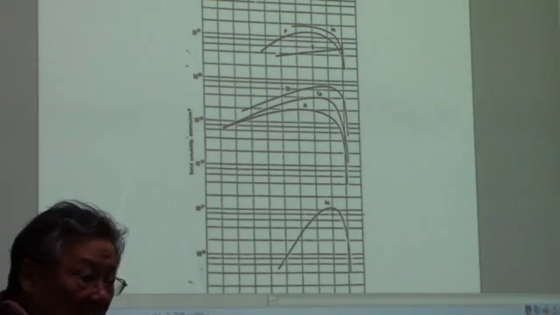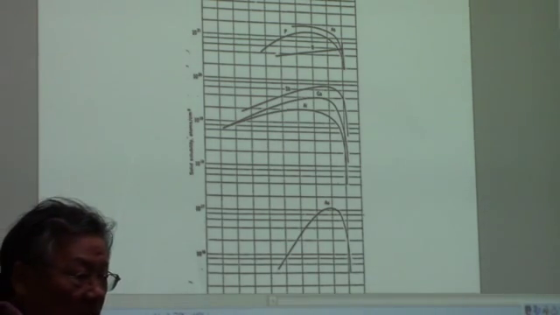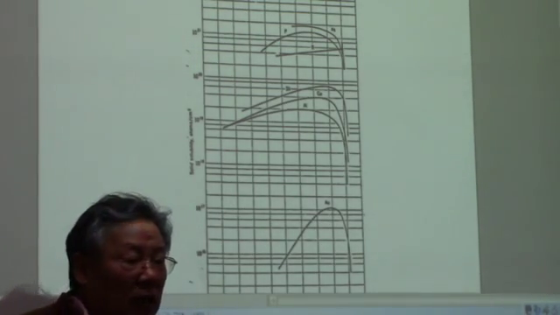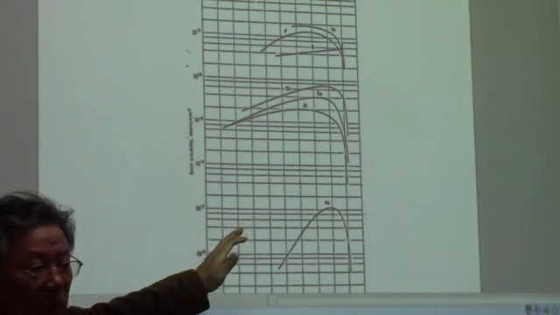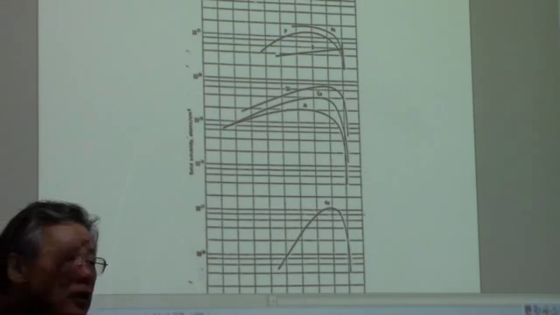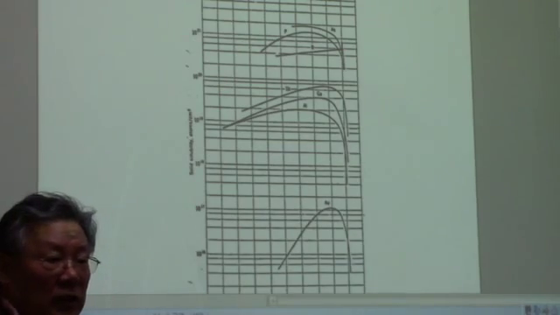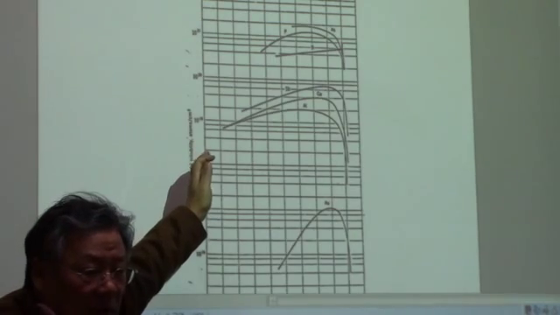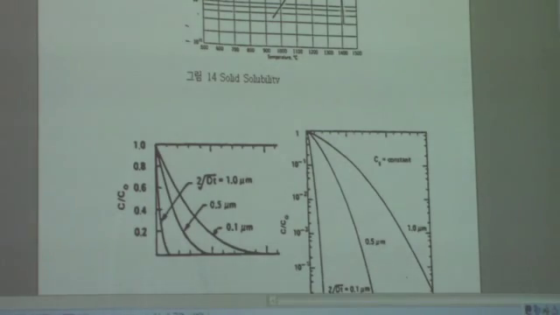And the number of atoms that you can put in the silicon without disturbing the single crystal nature of the silicon is the solubility limit. So your dopant should have a high solubility limit in order to have a low resistance. So the typical dopants that we use have a high solubility limit, so that we can have very, very low resistance of the source and drains.